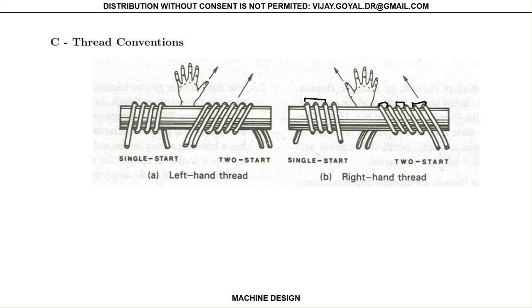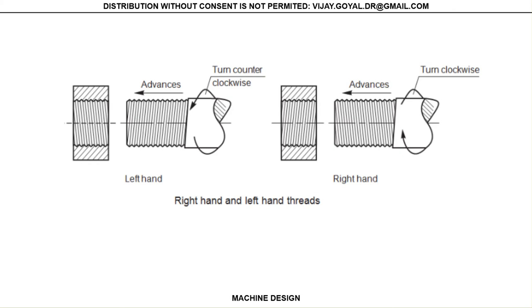Some of the right-hand and left-hand threads look something like this, right? In this case, if you turn clockwise here, you have to turn it counterclockwise for this to get engaged. This one you turn clockwise to get engaged. Especially in a shaft, sometimes you use that so that you always keep it tight.